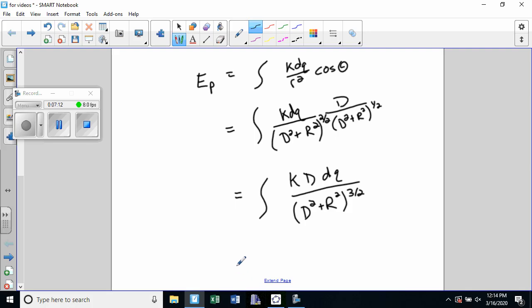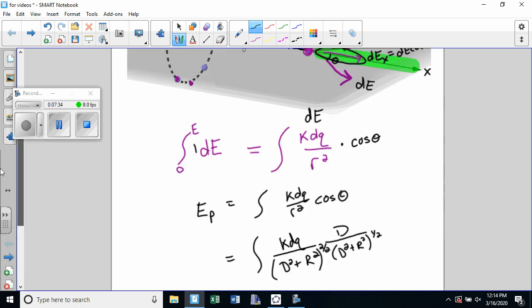Okay, great. Let's make sure that all of our rules for integrating have been satisfied. Everything is attached to a small factor. Right now that factor is dq. The second rule, make sure that all of the variables are attached to the correct small factor. Well, k, d, and capital R are all constants, right?